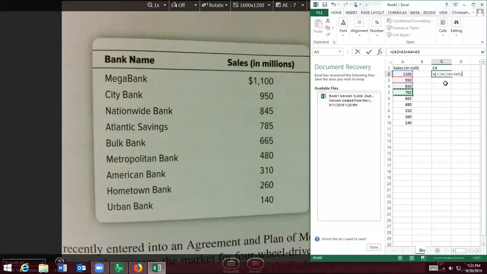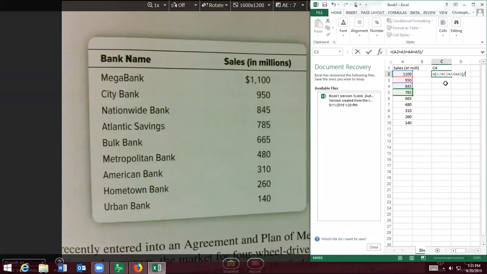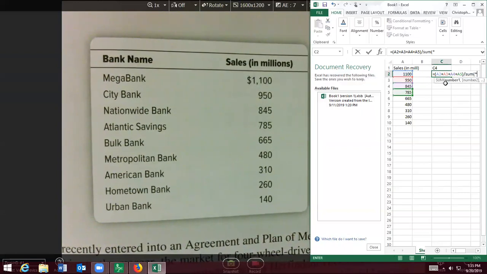A2 plus A5. I guess we could also do sum A2 to A5 if we really wanted to. And then all of that is going to be divided by the total of all of them, right? So here's where I'll use sum, and then I'll just click and drag, which will make a colon between A2 and A10, so that tells me that's the range on which I want the summation.